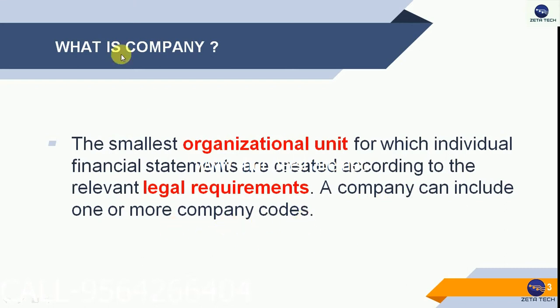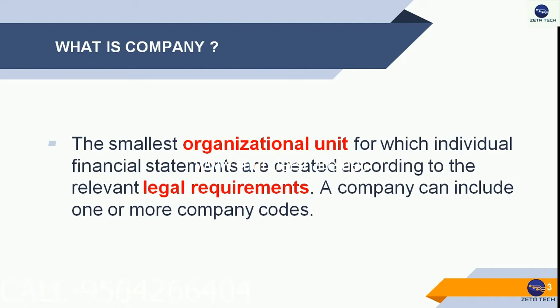When you are asked what your company is, you always say, sir, a company is like Tata, like Birla, like Maruti Suzuki, like Hyundai. Your answer is correct. But when you configure SAP systems, you should know the definition of company properly.